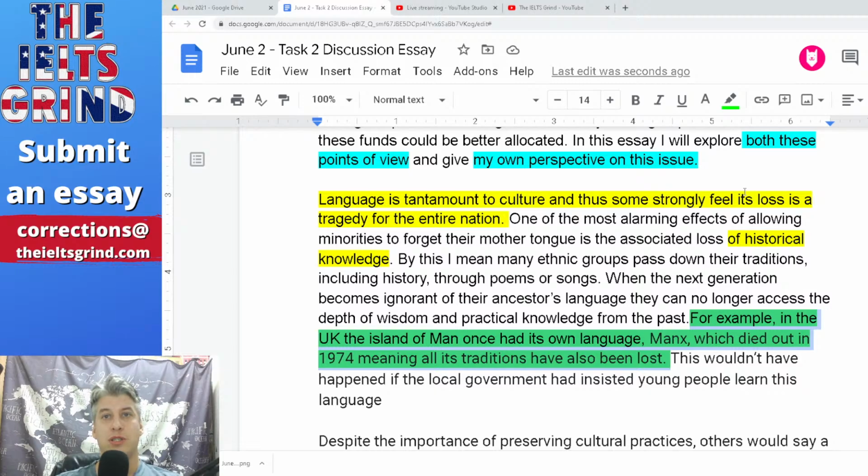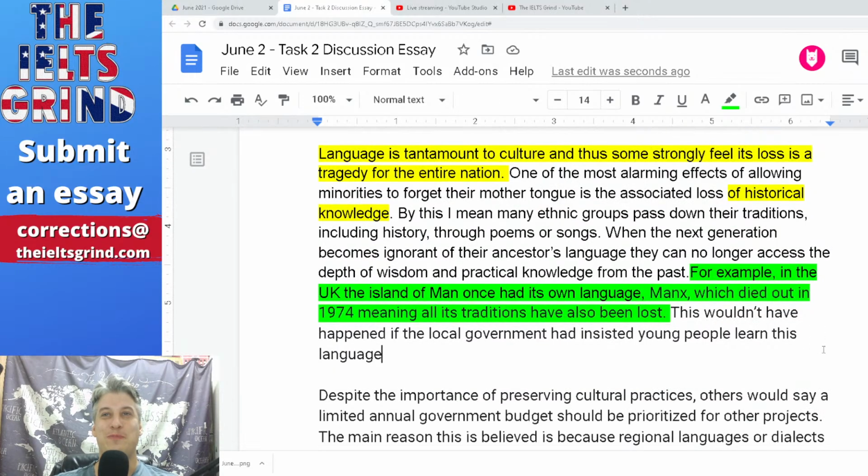No, Manx was possibly a dialect, but it was closer to Scandinavian than to English, I would say, because that island was invaded by Vikings 1,000 years ago. So I think it was its own proper language. I'm not sure. I was born in 85, so it was long gone by the time I was born.